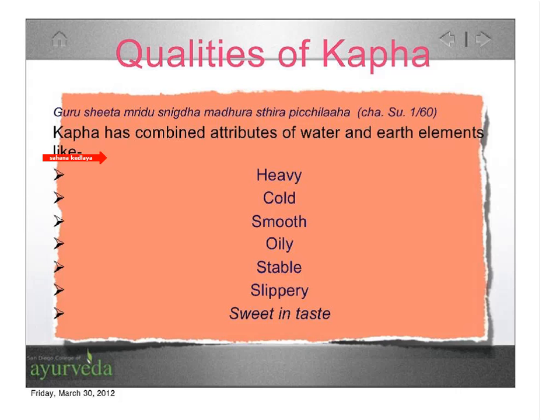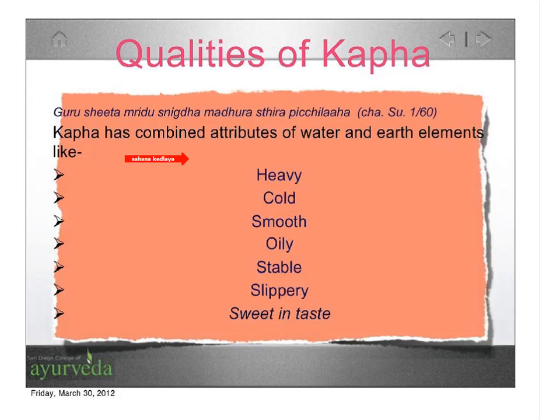Kapha has the combined attributes of the water and earth elements. If you remember from your previous lectures the 20 opposing gunas, the attributes of the water element and the qualities of the earth element, if you combine those two, you can easily get the qualities of Kapha.